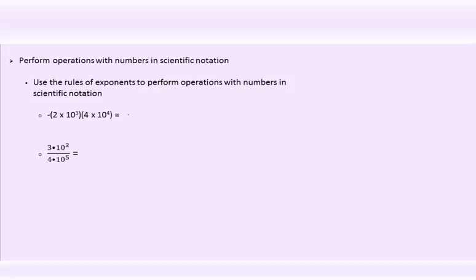This looks like 2 times 4 multiplied by 10 to the third power times 10 to the fourth power. Multiplying 2 times 4 gives us 8, and if we carry our negative sign through, we have negative 8. Then for 10 to the third power multiplied by 10 to the fourth power, we add our exponents, which gives times 10 to the seventh power.